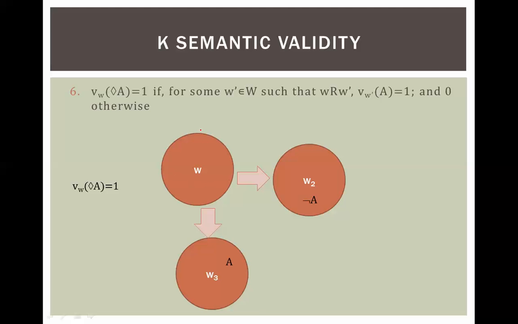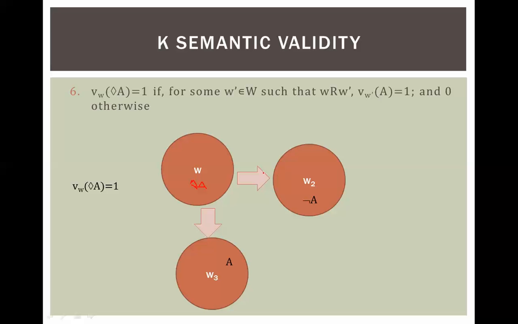So from this world, it's related to two different worlds, and in one of those worlds, A is true. Notice that in one of the worlds A is false. That's okay. I don't really care about that. I'm just worried about whether at least one of the worlds that W is related to has A true. And if that's the case, then it's possibly true. Possibly A is true. So we could write possibly A here if we wanted to.